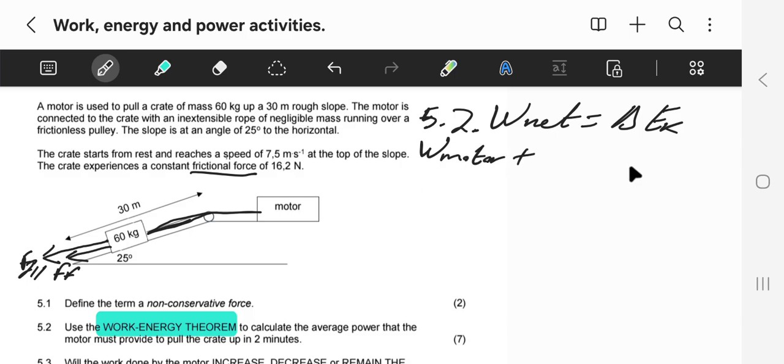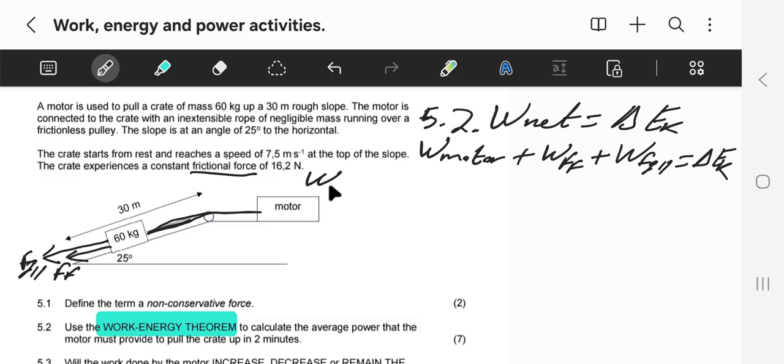And we have the work done by friction, force of friction, and we have the work done by our component there, which is W Fg parallel, or you can just say it's the work done by gravity, and all of this is equal to delta EK. So now we are going to substitute into our formula.